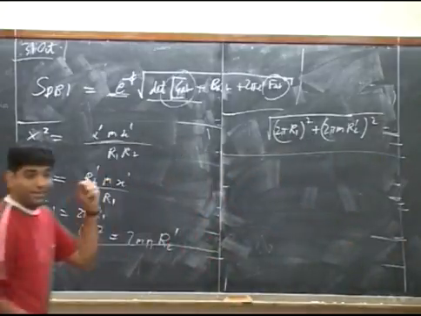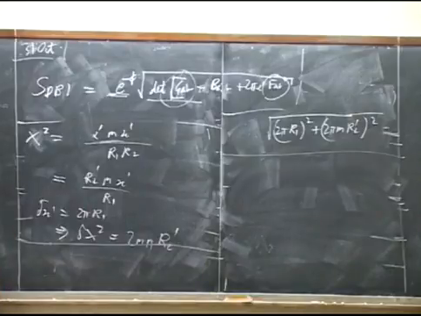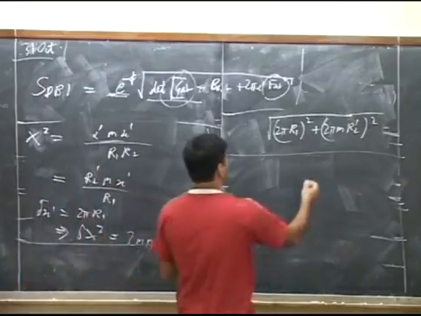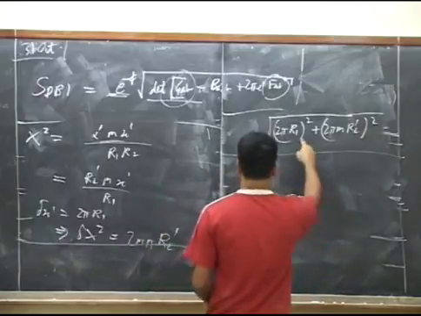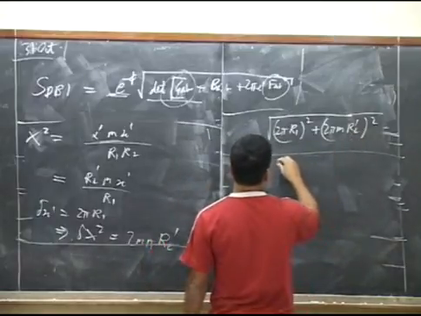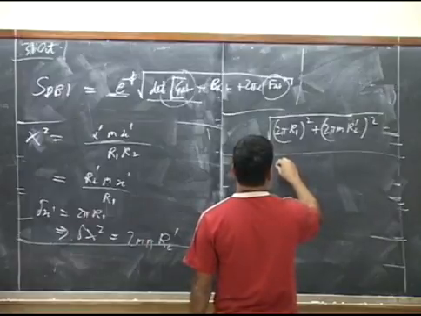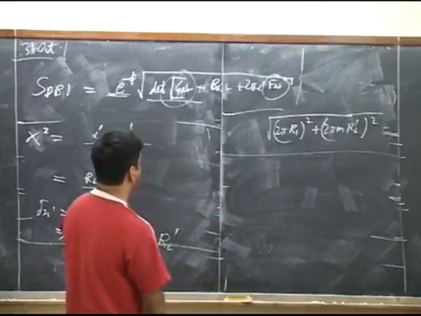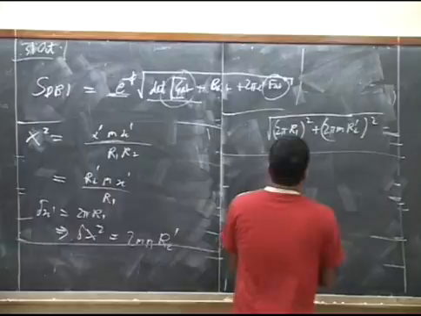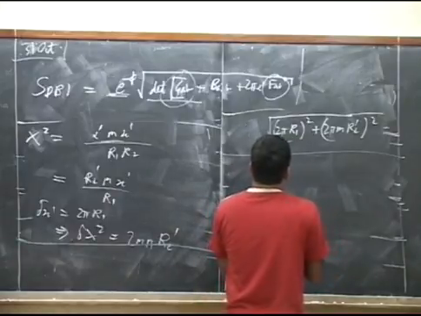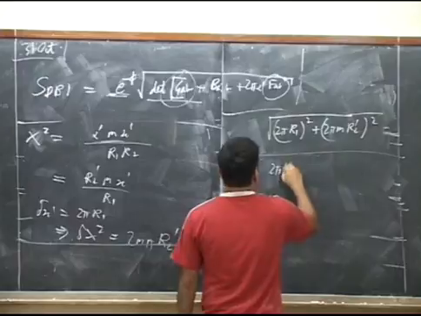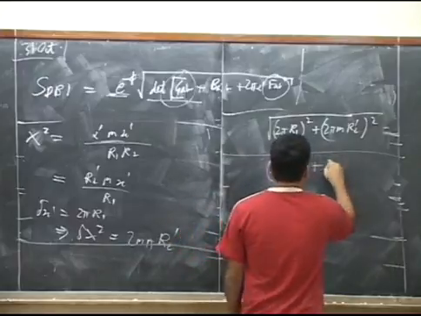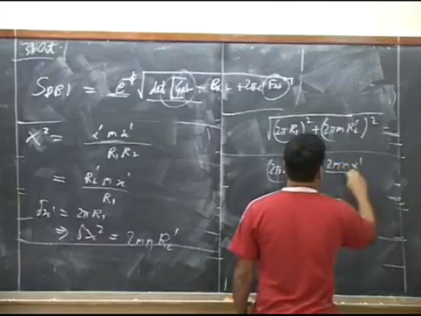Now this we want to rewrite in terms of the original variables, so let's undo all of this. We write this as (2 pi r1) squared plus (2 pi m alpha prime by r2) the whole thing squared.